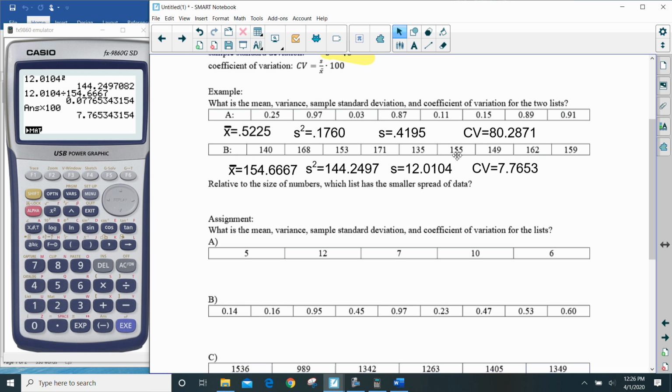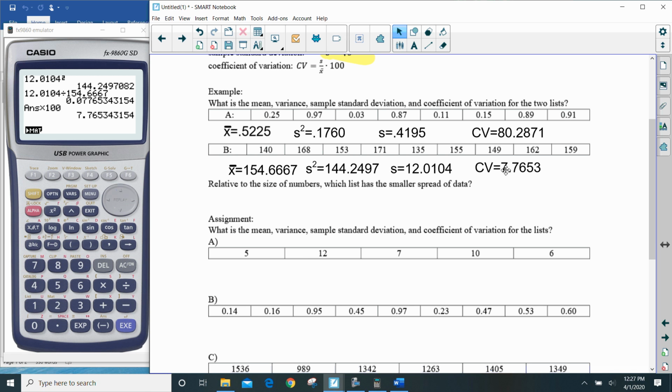So even though the standard deviation of Earth to Mars would be incredibly larger than Phoenix to New York, how can you say, oh, Earth is close to Mars, but Phoenix is far from New York? Well, it's all relative. And that's what the coefficient of variation lets us know.